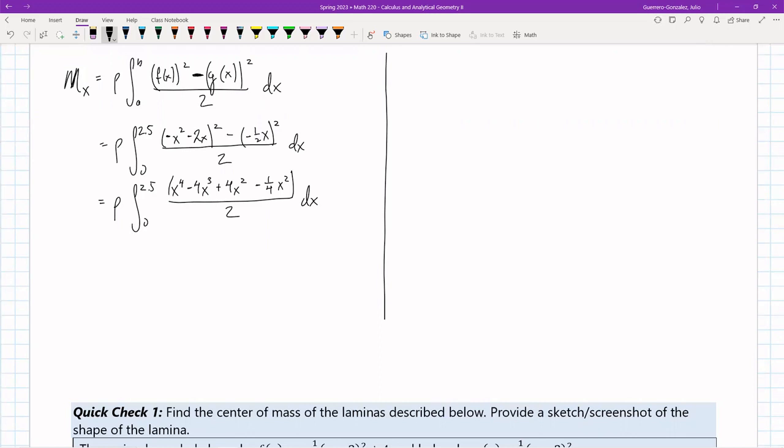And if you compute this all out, I'm going to put one more set of answers here. It's divided by 2, rho is 2, so all of this computed out will be this.